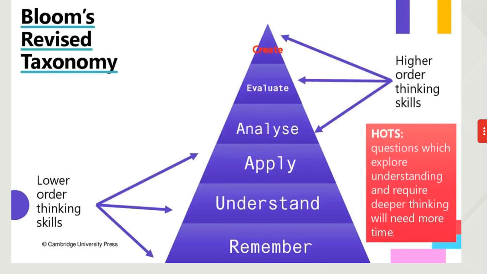So when we think about what type of questions we are asking our students, we can ask, are we also including HOT, higher order thinking skills, into our teaching? Are we pushing our students to deeper thinking?